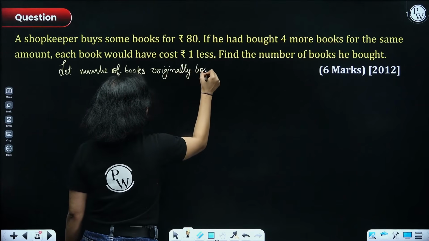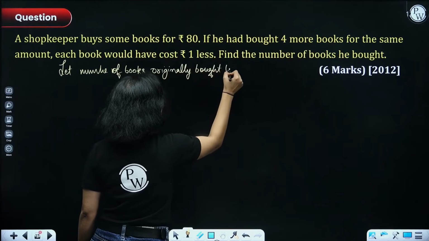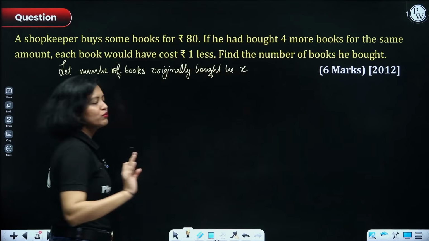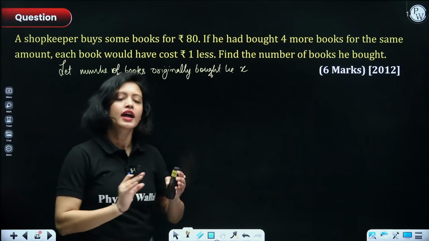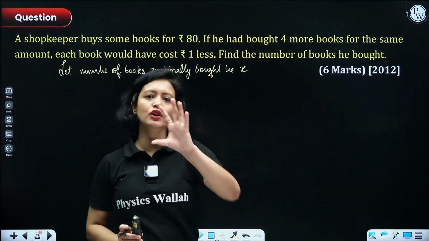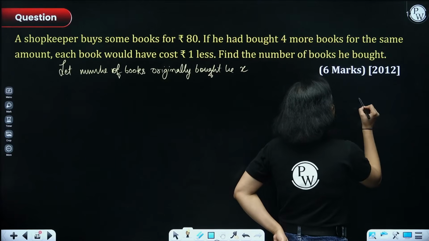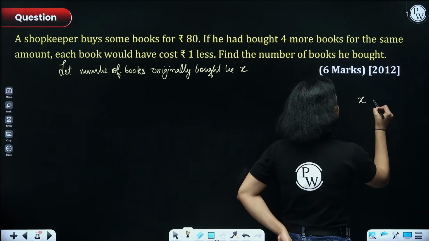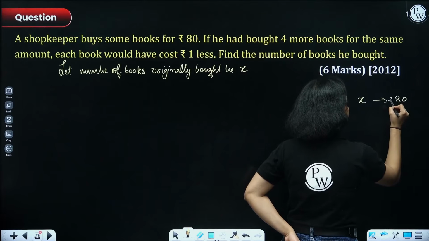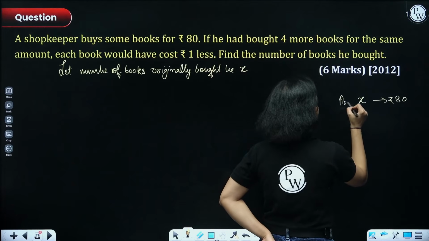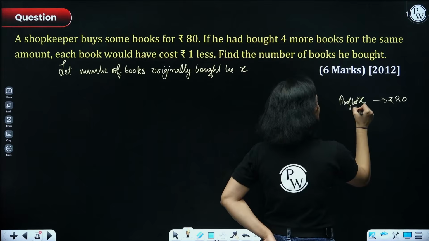Originally bought be x. So x is the number of books he bought. Okay? Chalo. Now the question is saying that for 80 rupees he bought x number of books. I'll write it here. He bought x number of books for 80 rupees. Okay? This is number of books.